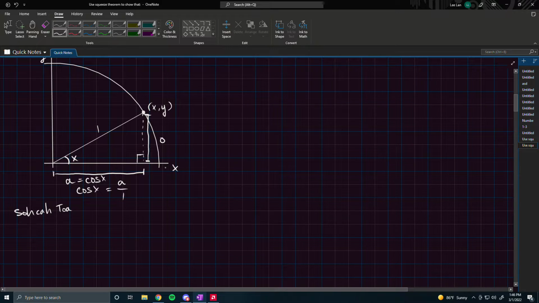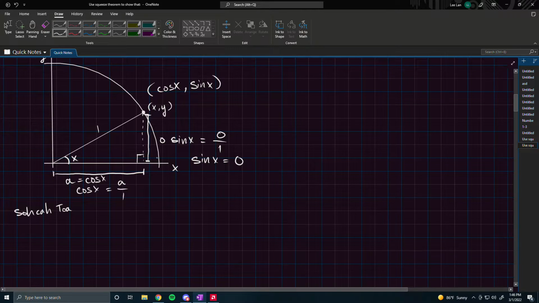And if we do the same thing with the sine, sine x is equal to the opposite, O, over the hypotenuse, which is just 1. So sine x is my opposite side. That means this is actually cosine x, because this is my x value. I'm cosine x units away from the origin, and my y value is sine x.